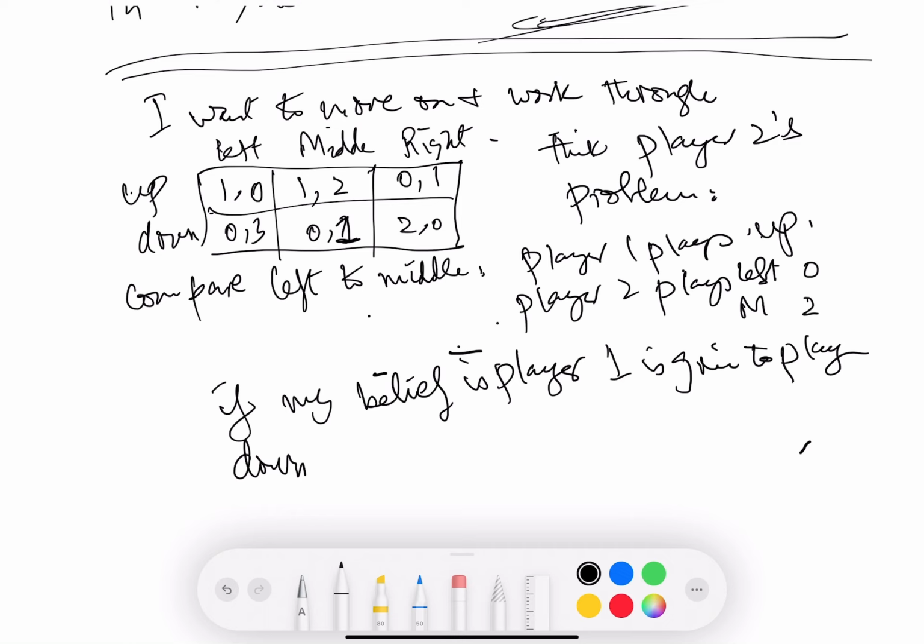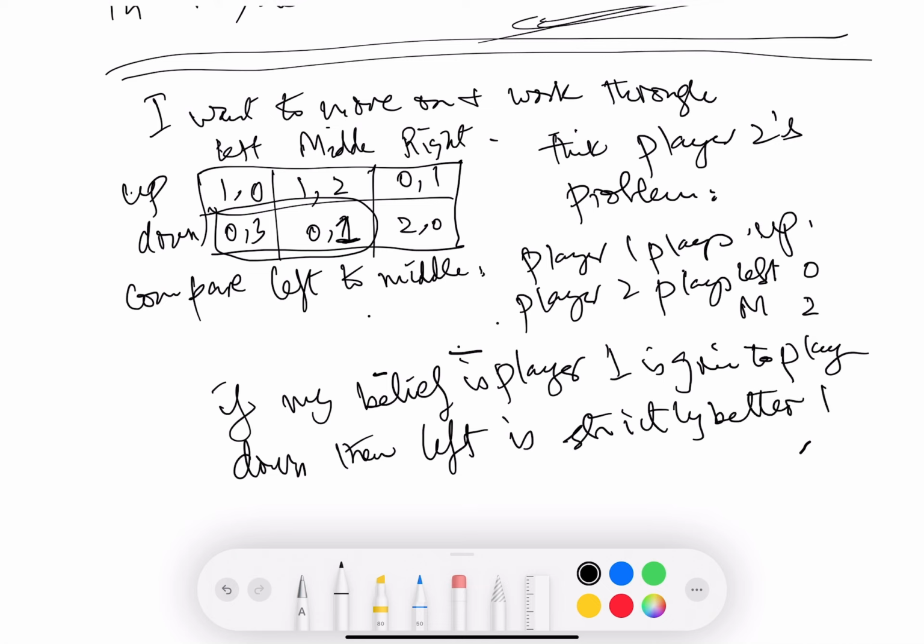I am here, right? Then left is strictly better than middle, 3 is greater than 1. So it's not clear.